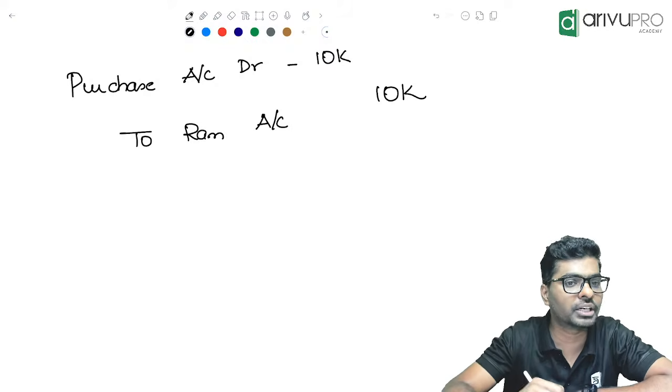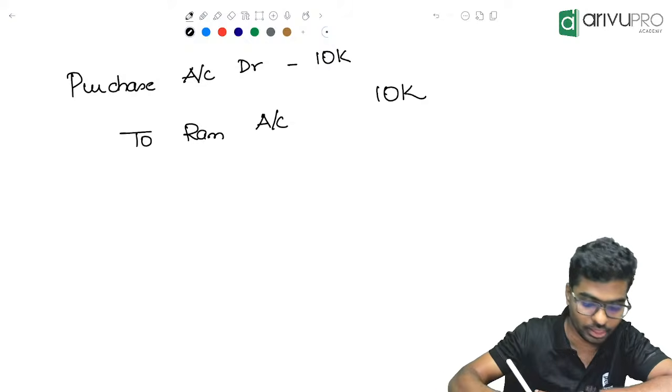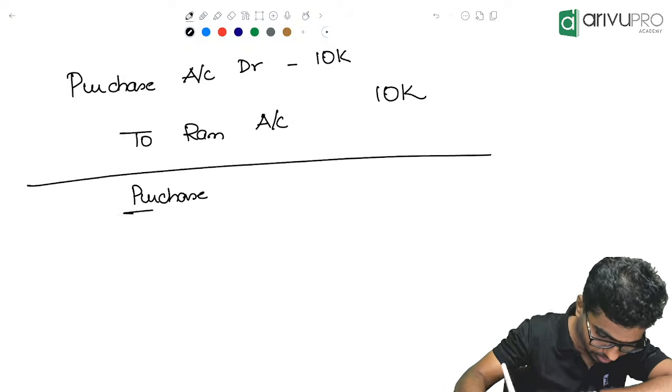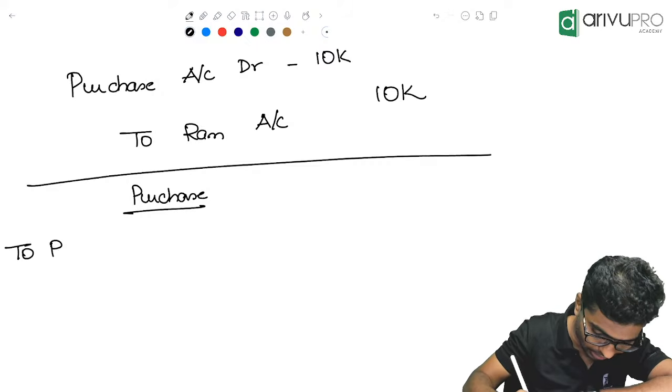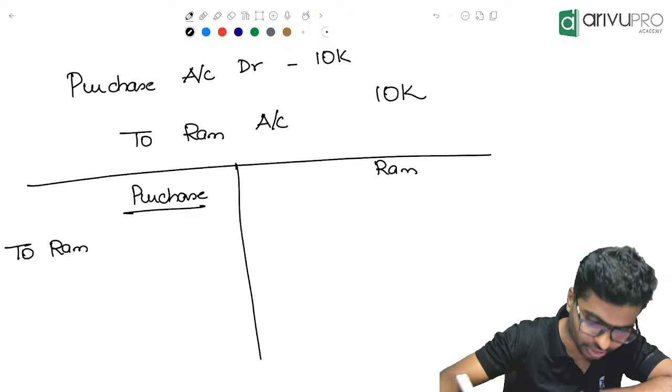How do I post it in the ledger? In the purchase account, you will write it as To Ram. In the Ram account, I have to write it as what?